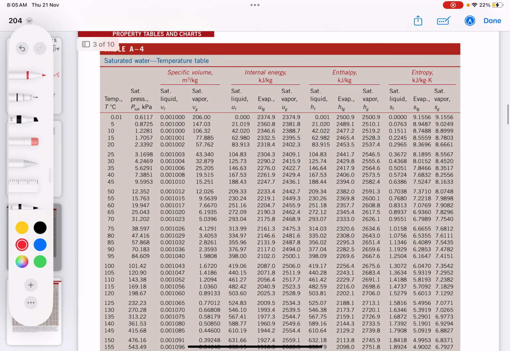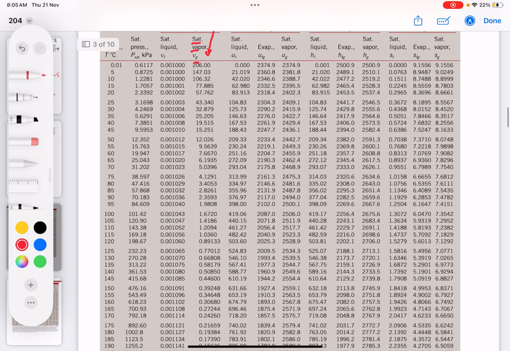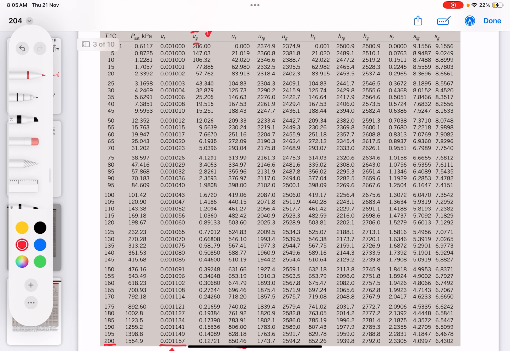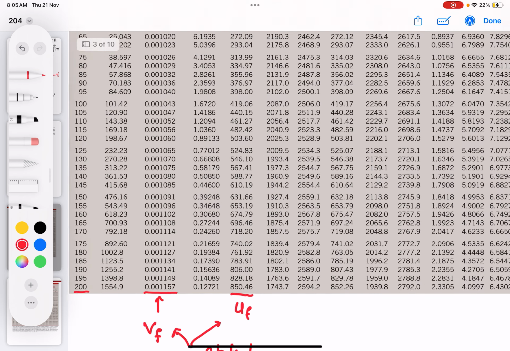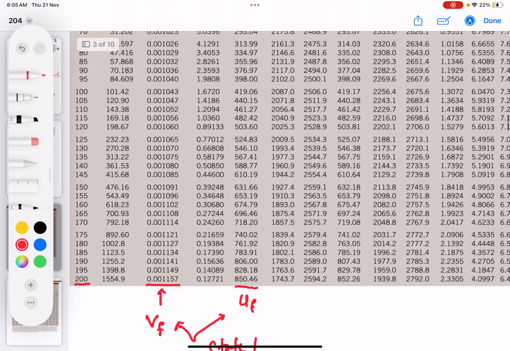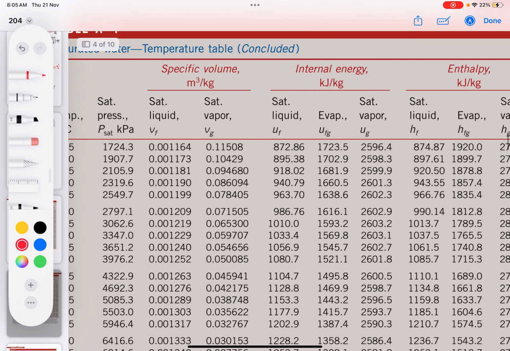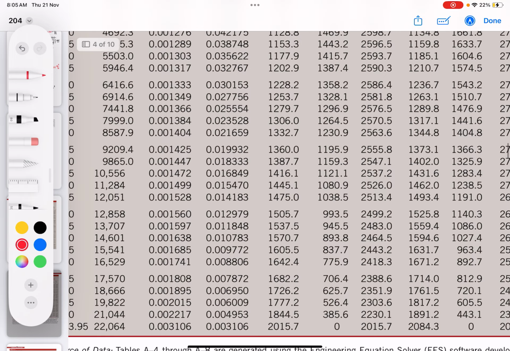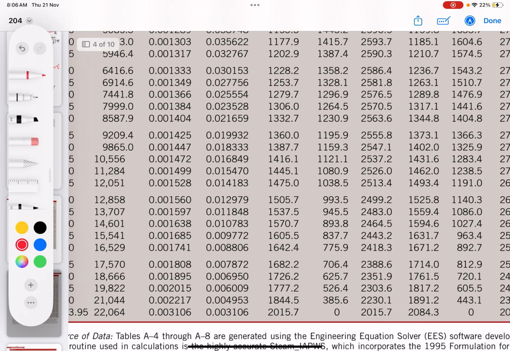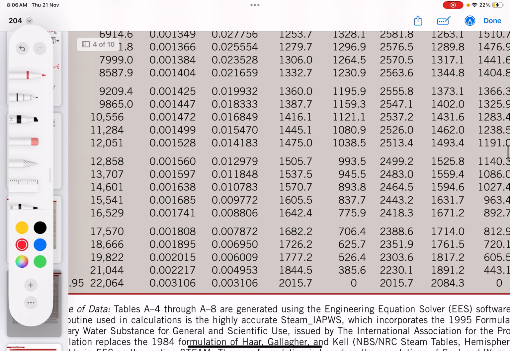So I have to use a steam table. To find the saturated vapor, I need to use this column, which is saturated vapor, represented by the symbol VG. So I need to find the value of 0.004626. Here is going to be tricky, because I need to find this information. I have to go slowly.